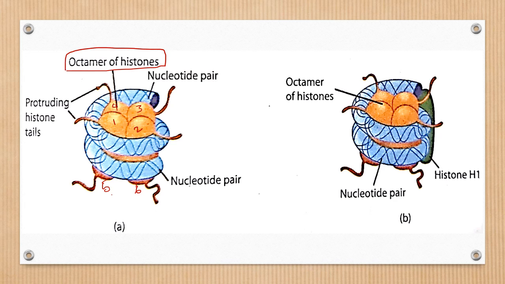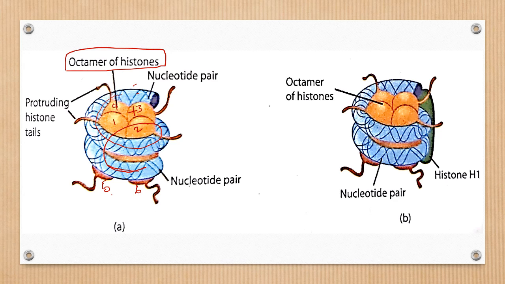Around this histone octamer the DNA is wrapped, because the histones have a positive charge and the DNA has a negative charge. This negatively charged DNA is wrapped around the histone octamer.